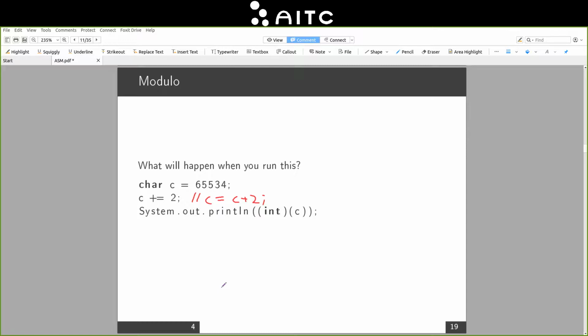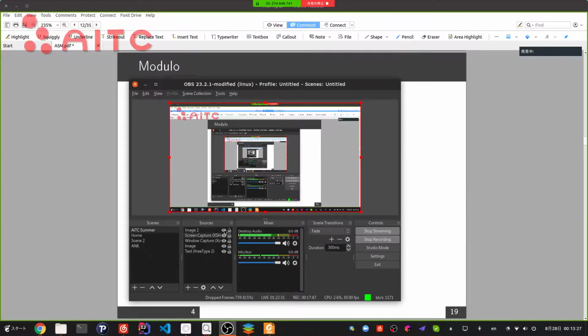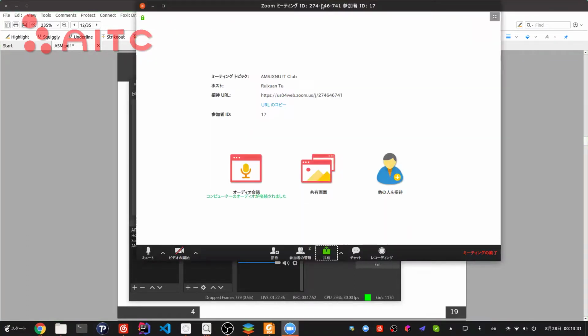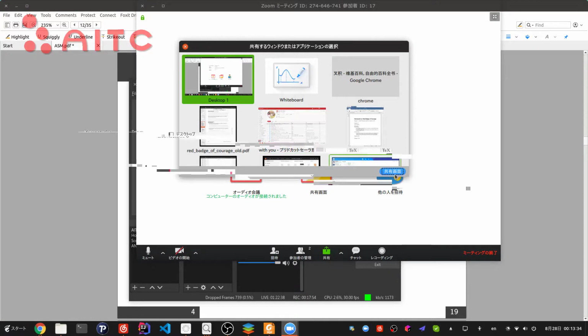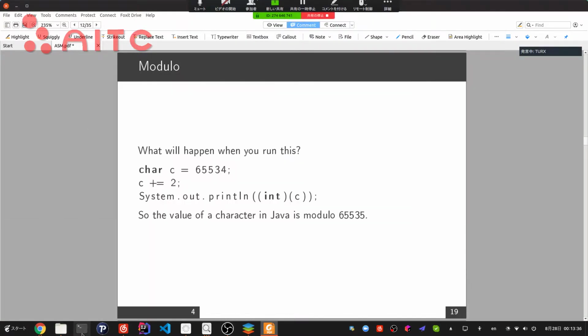In C++, you will get... let's have a try.